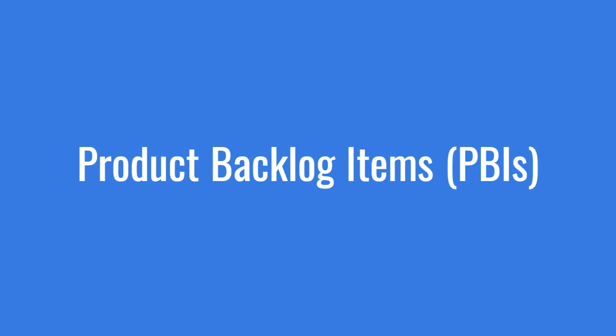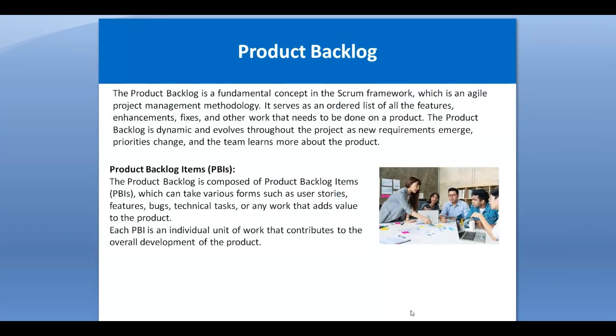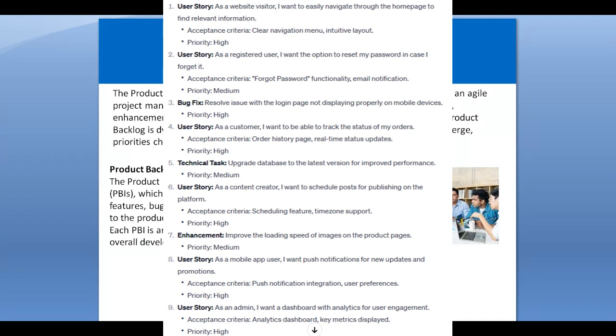Friends, the product backlog is composed of product backlog items, which can take various forms such as user stories, features, bugs, technical tasks, or any work that adds value to the product. Each product backlog item is an individual unit of work that contributes to the overall development of the product.